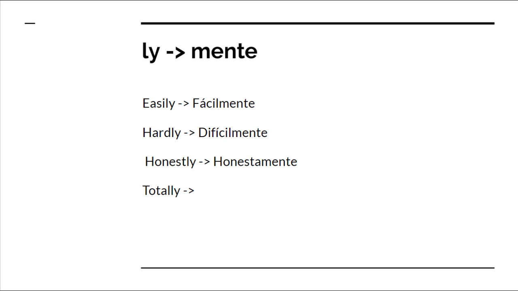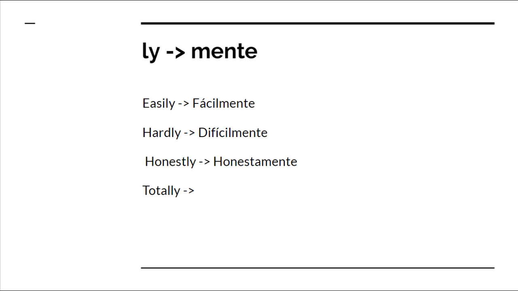The next rule has to do more with adverbs. In English, usually adverbs end with "ly." Spanish uses adverbs in a similar way, and in Spanish, the adverbs tend to end with "mente." So in the first example, we have easily.